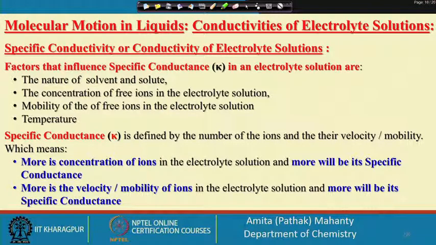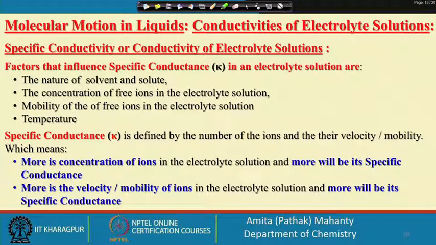If my solution system is the same and the temperature is held constant, then the two factors which will be determining the specific conductivity of a substance are the number of free ions which is generated and how freely they are moving in the electrolyte solution.